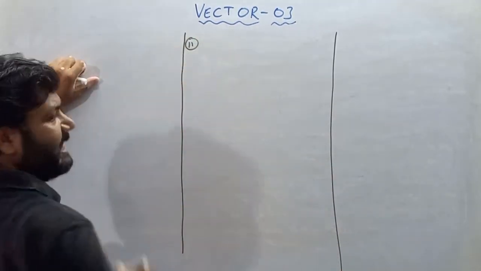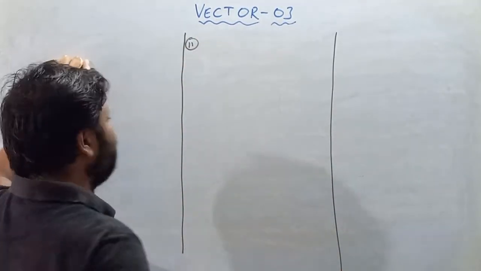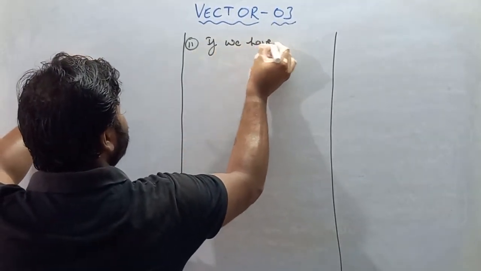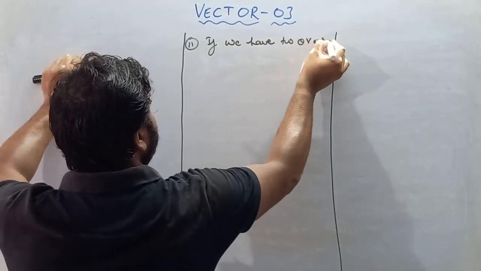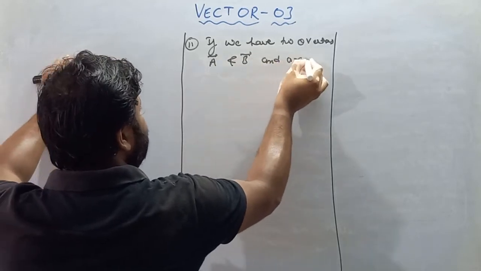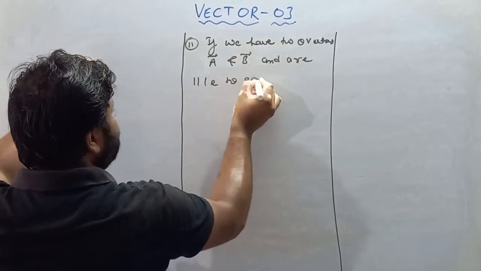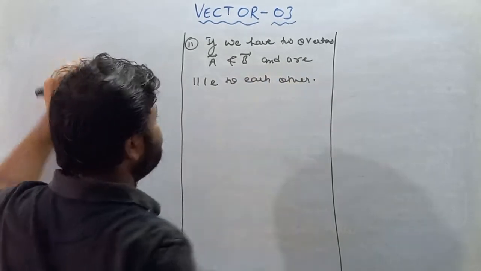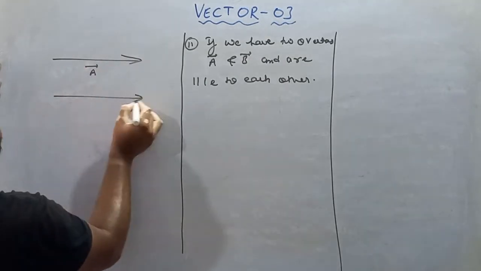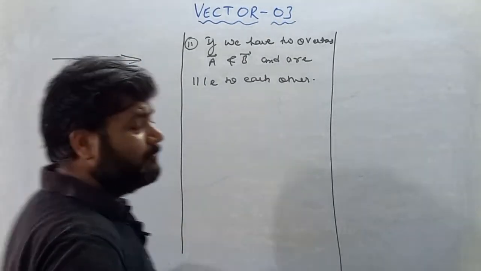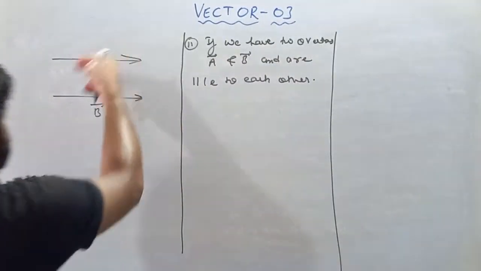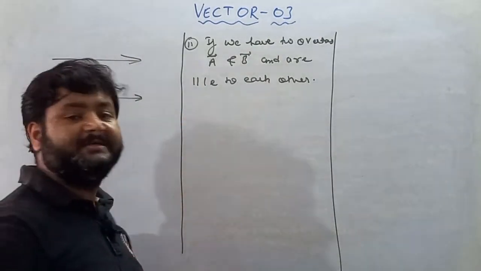We are discussing now the second point to remember. You are seeing here both the vectors are parallel to each other and their directions are similar. So two vectors, A vector and B vector, are parallel to each other.